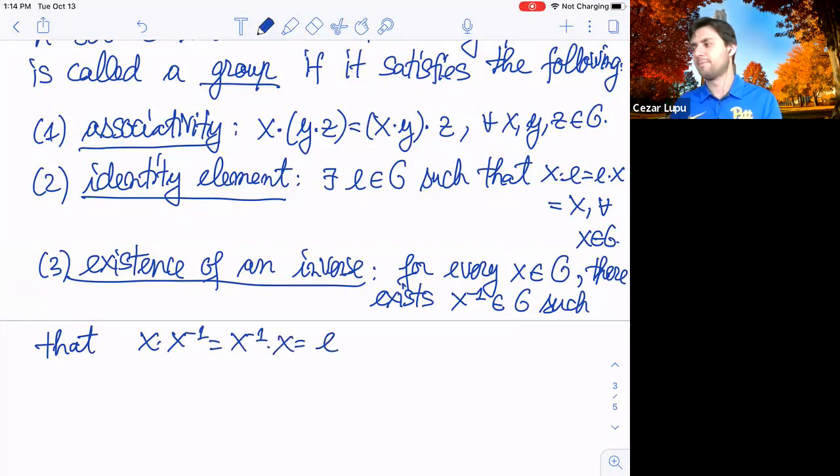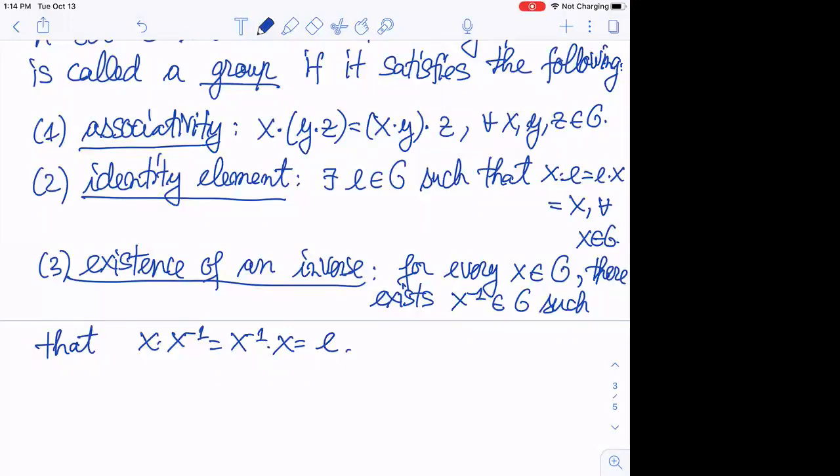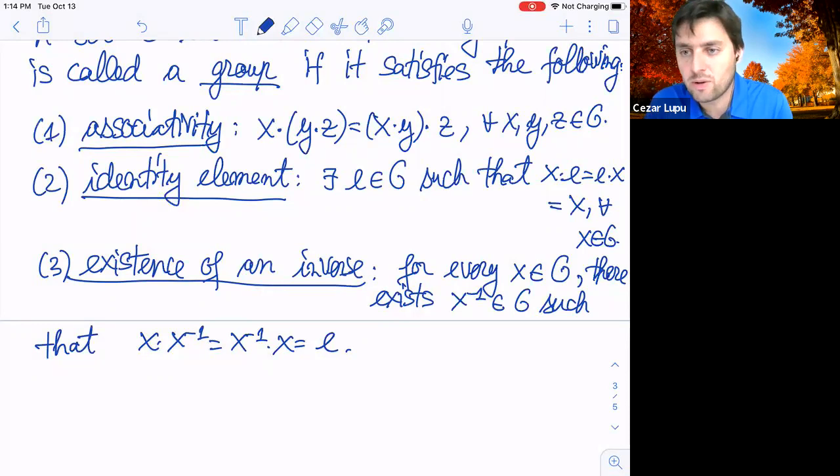You said the dot is normally not included in the notation. No, so when you don't see them, when I write xe is ex and is x, you can understand that this is the group operation.